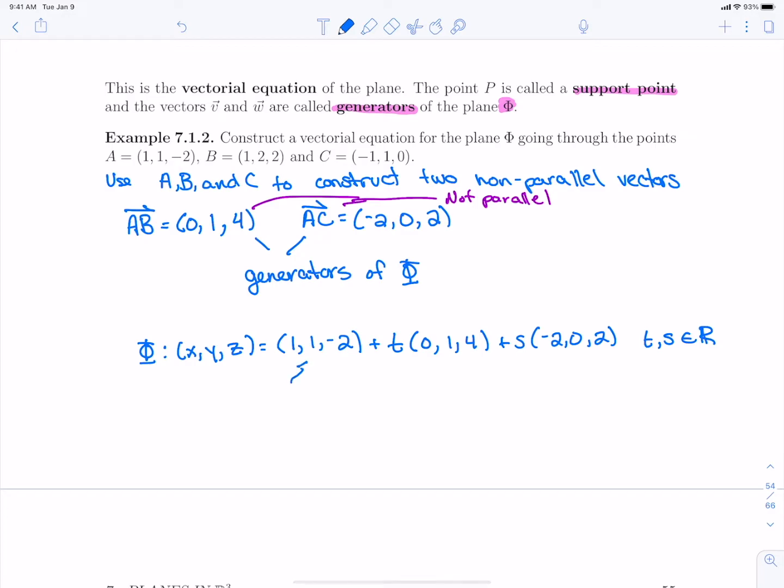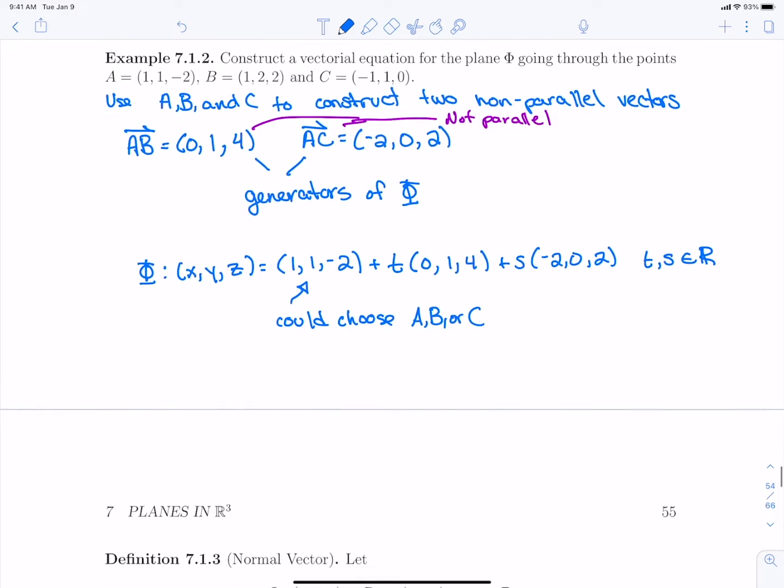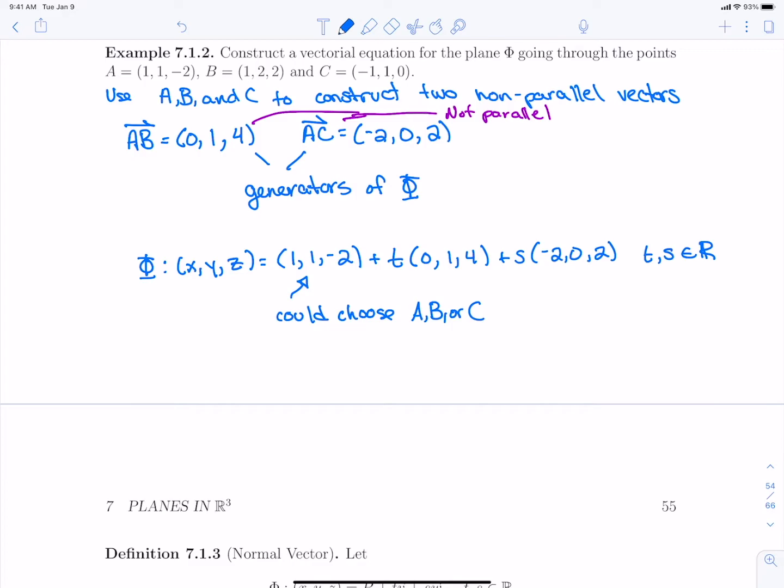So here, just to make note, we could choose A, B, or C, and we could use any two non-zero, non-parallel vectors with endpoints A or B. So that's the other thing.